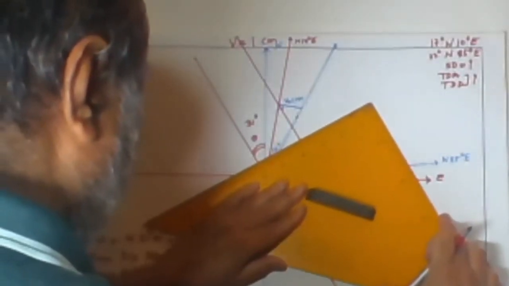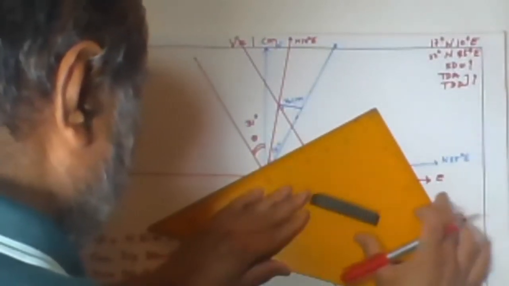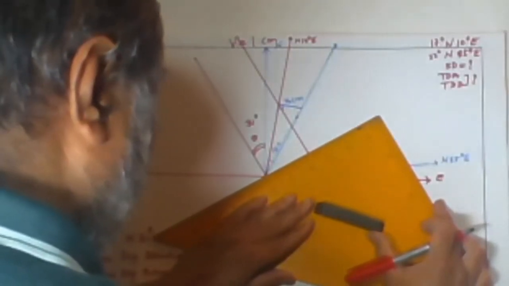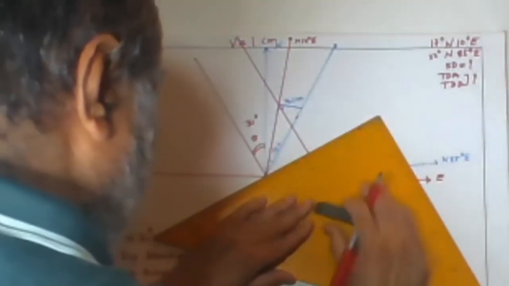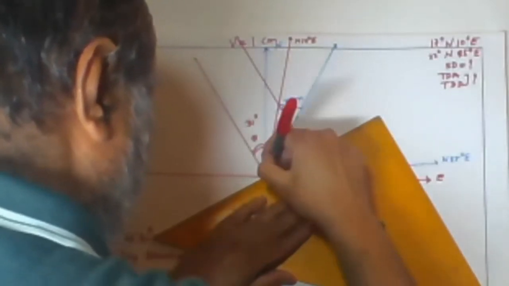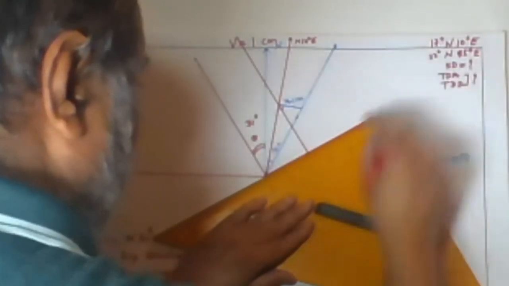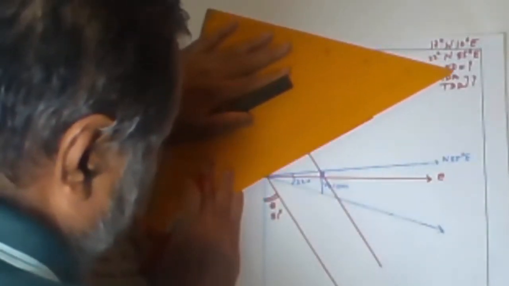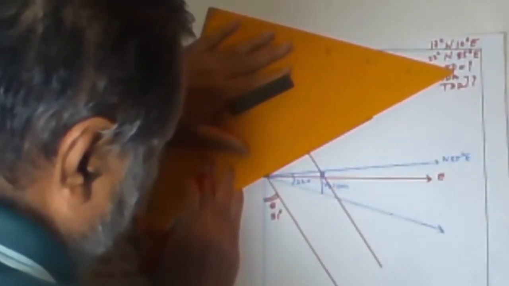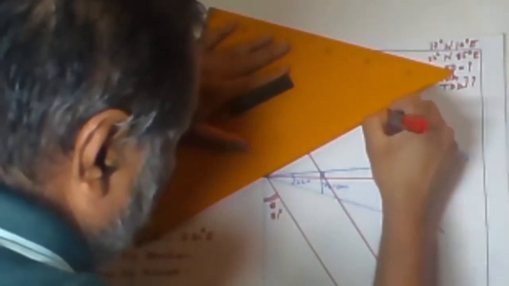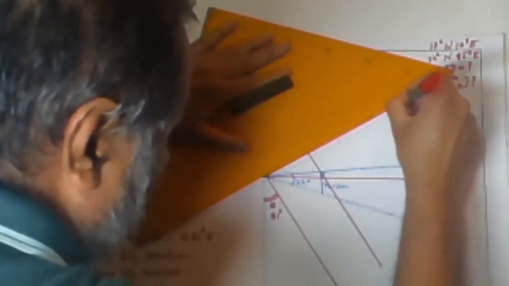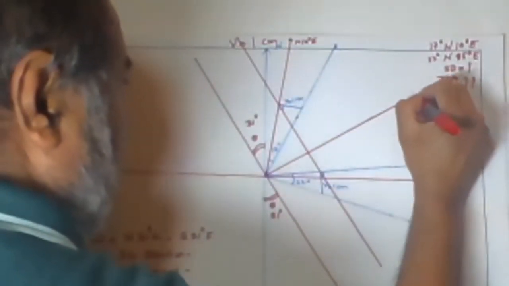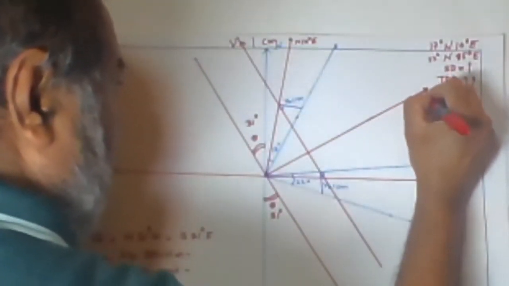Take this line 6 centimeters parallel to the strike line in the center, and now from here draw your line and extend it a little bit, because your compass is a bigger one, so you have to go a little bit ahead. Yes, so this is your true dip direction.